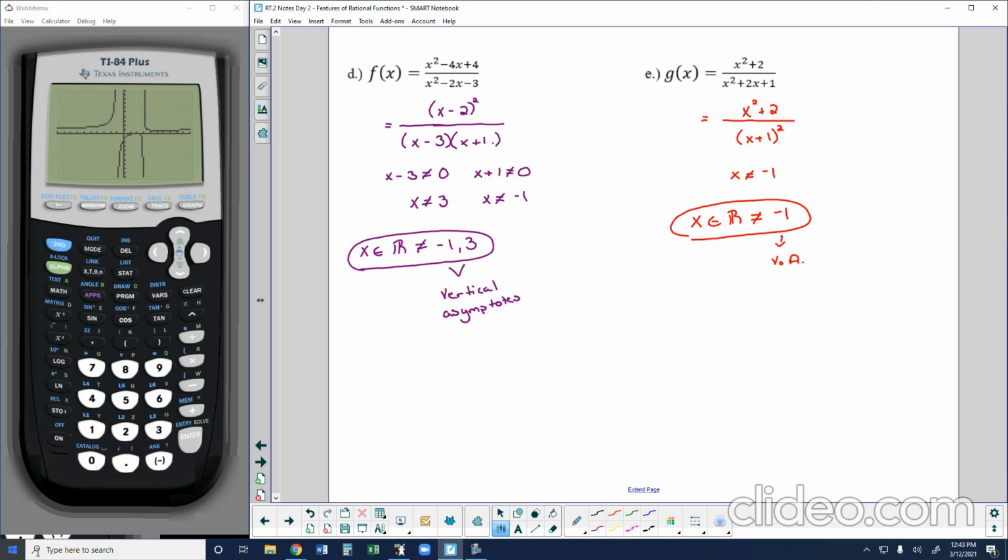Now, if we take a look at the graph of this function, we can see that, again, there's only one asymptote, and it is at negative 1. In this case, we can see that the curves are on the same side of the x-axis.